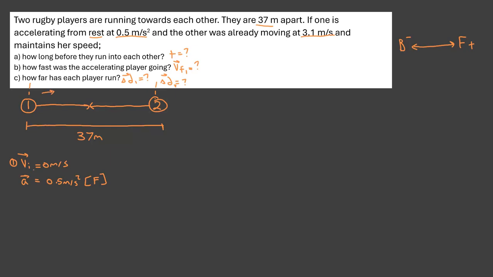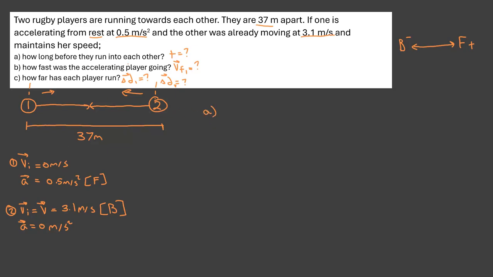And then for our player 2, we can just consider that they have a velocity, because they're maintaining that velocity of 3.1 meters per second. And that'll be in the backwards or negative direction. I've classified that they're going to be moving this way. We also know that since they're maintaining their speed, this person is going to have an acceleration of 0.